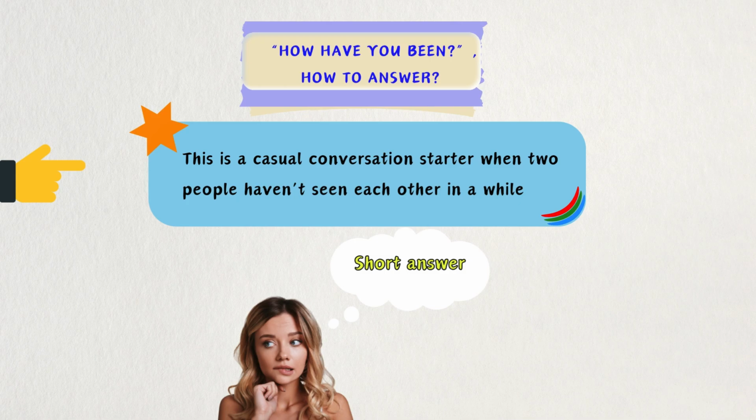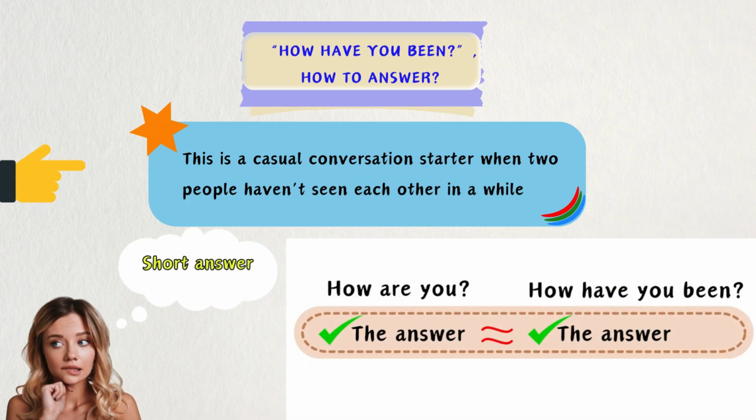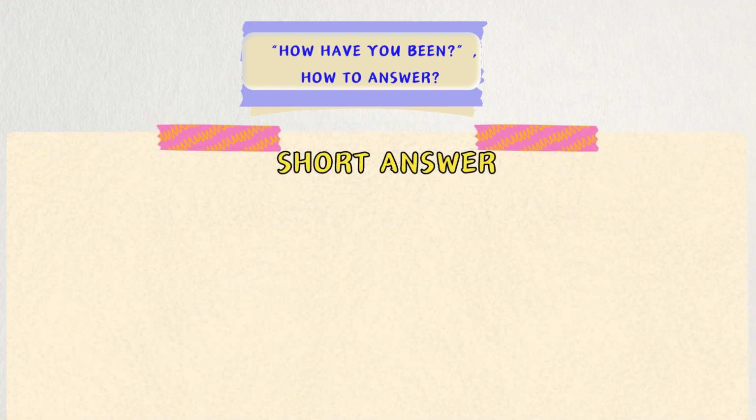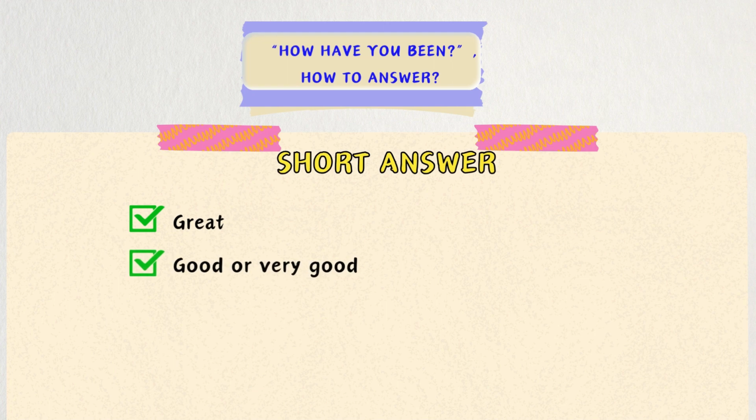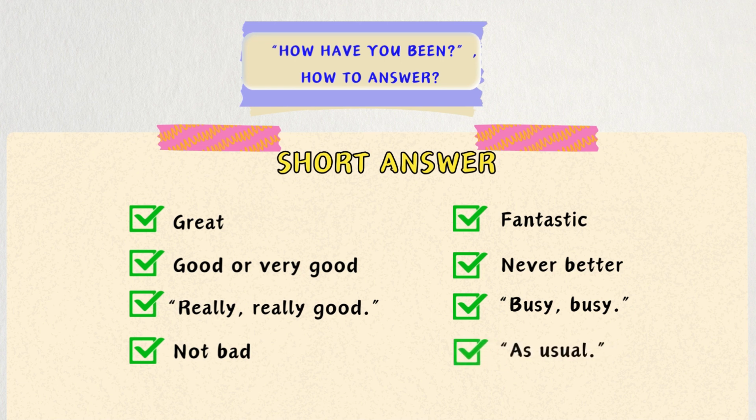Many of the standard responses you would give to answer, how are you, are suitable as responses to, how have you been, including short answers: great, good or very good, really, really good, not bad, fantastic, never better, busy, busy as usual, all right.